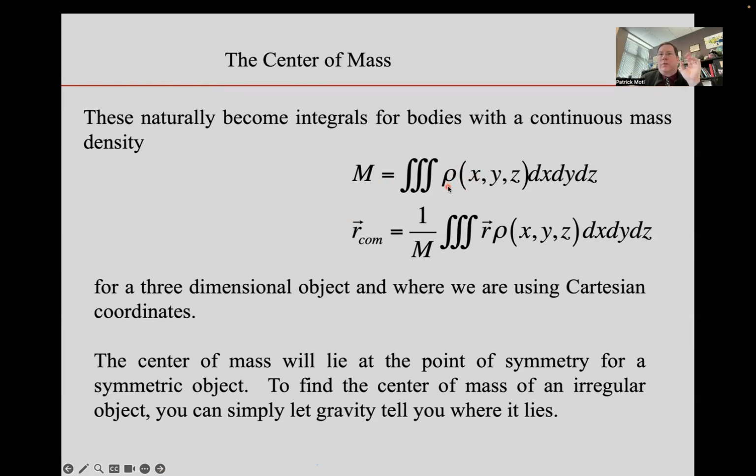And just for the sake of being able to write something down, I write this out in terms of Cartesian coordinates. But obviously you can make a coordinate transformation to spherical coordinates or cylindrical coordinates or confocal ellipsoidal coordinates or whatever your favorite coordinate system happens to be.